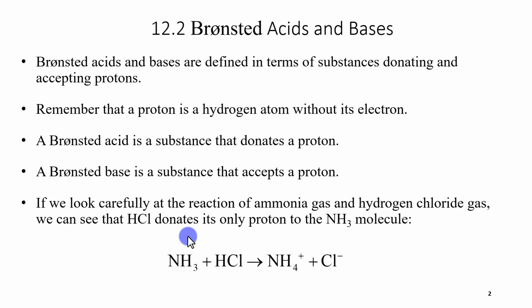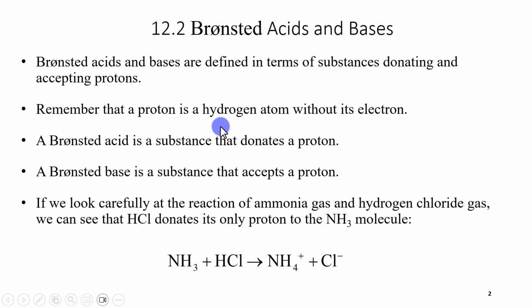For our definition of acids and bases, we are going to talk about the Bronsted-Lowry model. The Bronsted acids and bases are defined in terms of whether they donate or accept a proton, meaning an H plus ion.